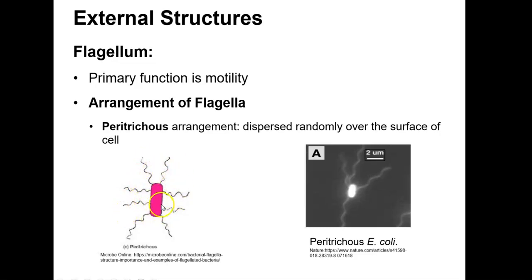So peritrichous, kind of think of the perimeter. It's all around it that we see the flagella. And so in this image of a bacteria, you can see these little squiggly lines extending outward. That is the flagella of this particular bacteria, and we have them coming off at all different points around the body of the bacteria.